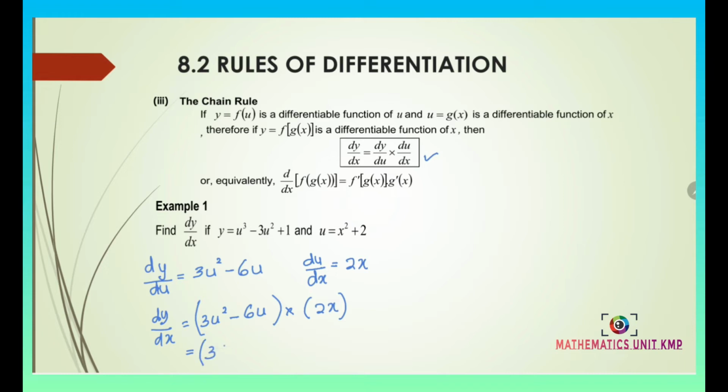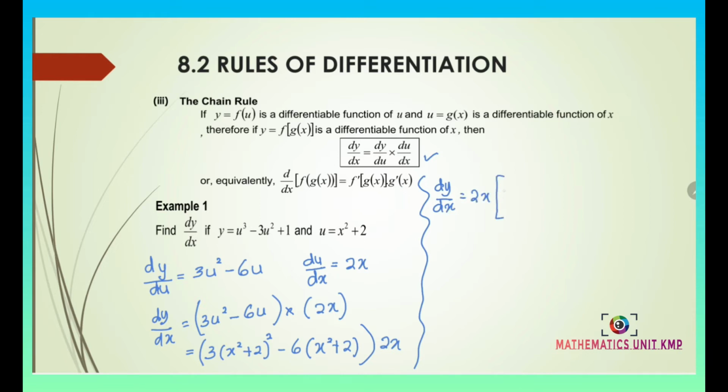Here we get u is x squared plus 2. So we have 3 times (x squared plus 2) squared minus 6 times (x squared plus 2), then we close the bracket, times 2x. After that, we can put 2x in front.